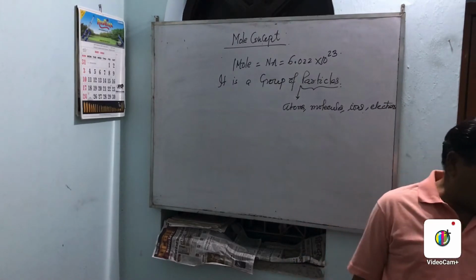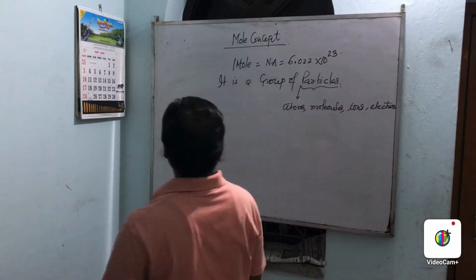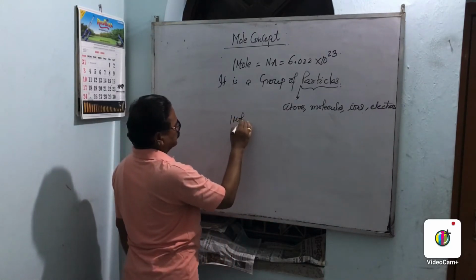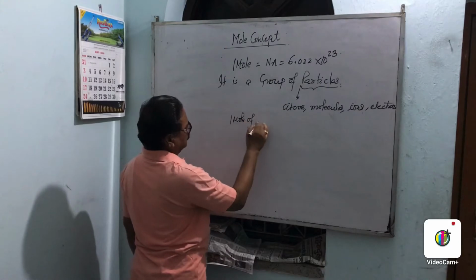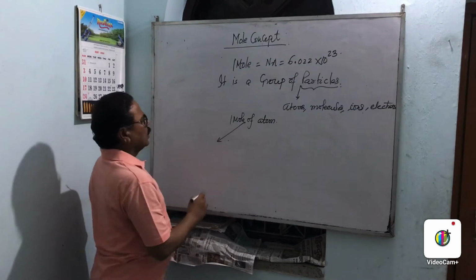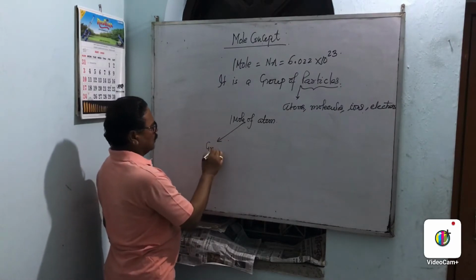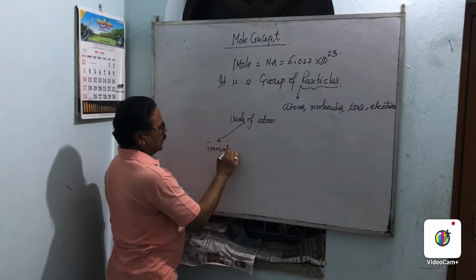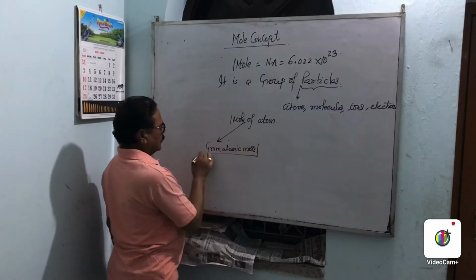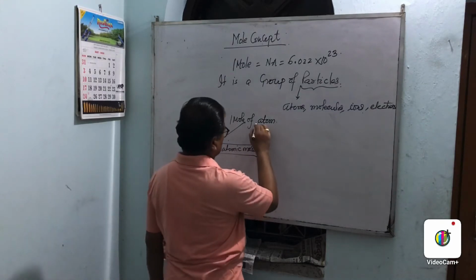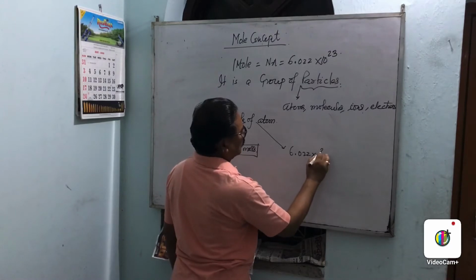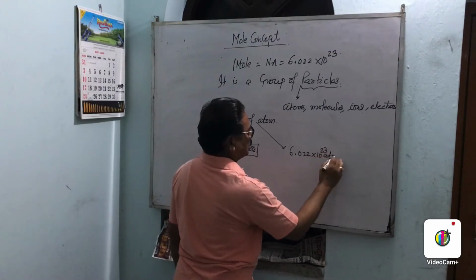So we know about the mole and the atom. 1 mole of an atom is equal to gram atomic mass or gram atom, and this is 6.022 into 10 to the power 23 atoms.